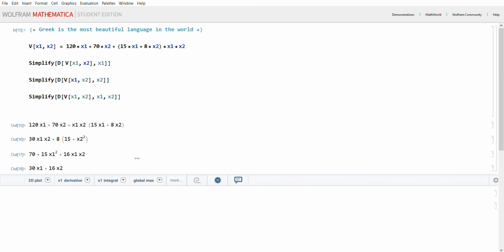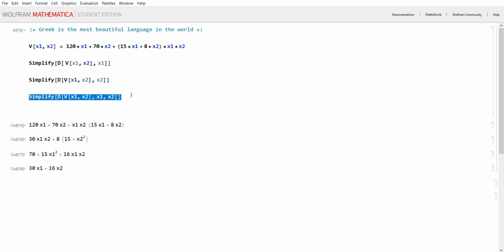However, I think this is the incorrect one. You see, it's weird, right? So this is not the right way. This derivative only gives you the derivative with respect to one variable. Now I'm going to change that. This syntax seems not to be working.